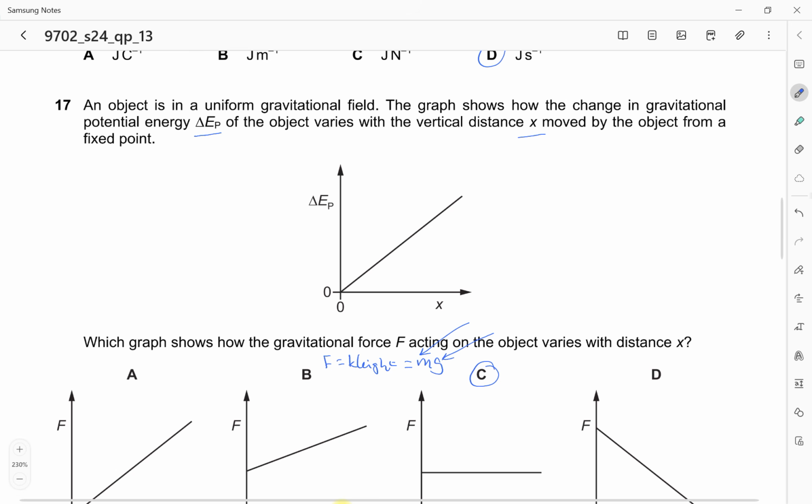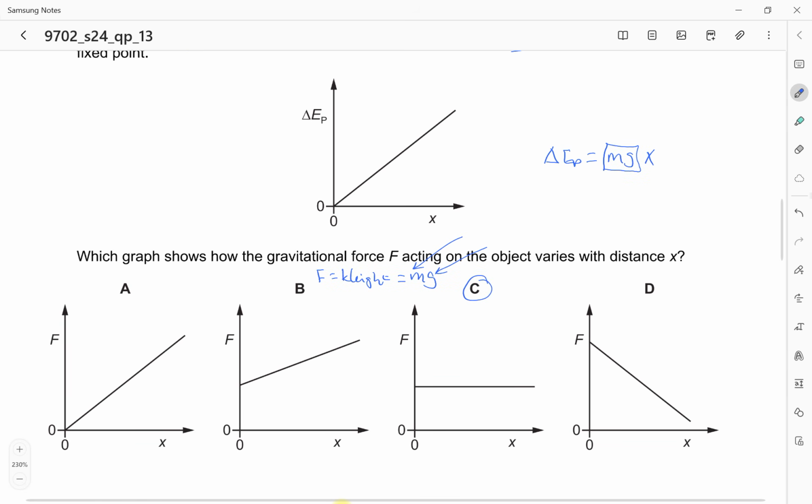The gravitational potential energy is equal to mg times x, where x is the distance moved. But mg is a constant, and mg is the gravitational force, so it remains constant. So the answer is C.